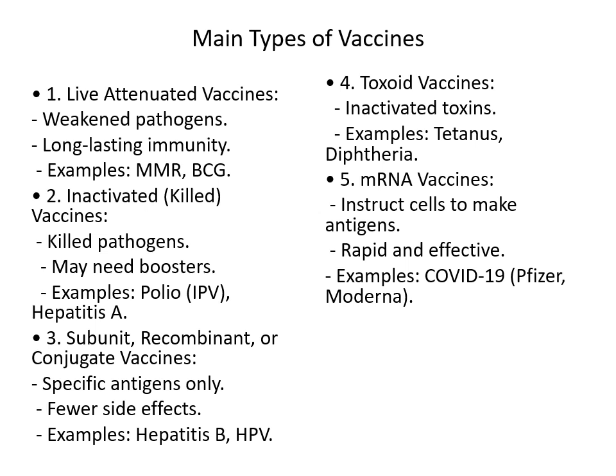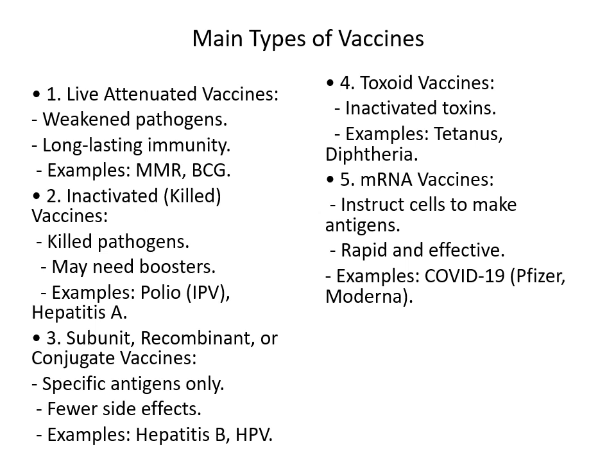For example, you have polio or hepatitis A. And then you have subunit, recombinant or conjugate vaccines. They have specific antigens only, and the side effects are fewer. So the examples are hepatitis B and HPV.